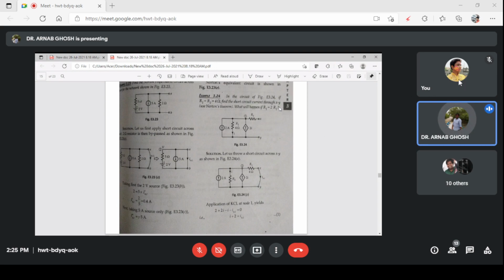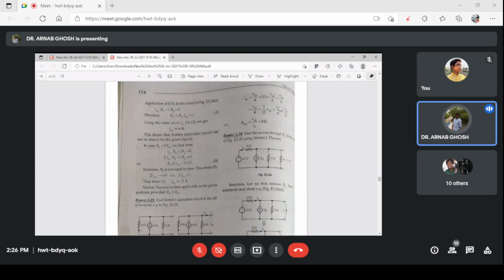Okay, see, ISC is equal. If you just replace this value here, it will come as I by 2 is equal to I, and if you calculate this, this will come out as I equals minus 4 ampere, and your ISC will come out as minus 2 ampere.